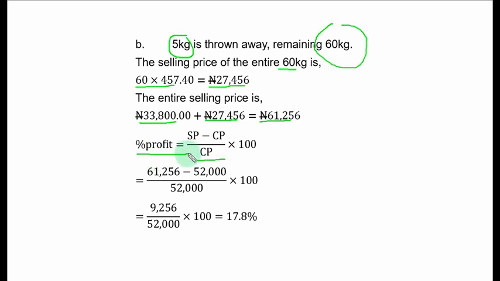You replace the selling price and the cost price with their respective values, and you multiply by 100 in this form. If you subtract, you have this times 100. If you multiply and divide, you have 17.8% to 3 SF as the percentage profit for the entire sales of the tomatoes after throwing away about 5 kilogram of bad tomatoes.